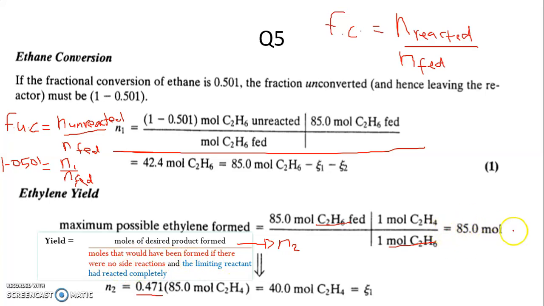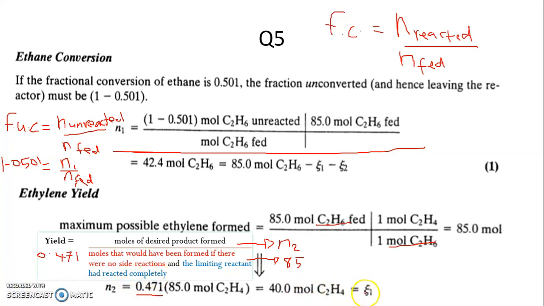We assume no side reaction happens, so we have this value 85, and then the yield is 0.471. That's why if we rearrange this formula, we get N2 equals 0.471 times this 85, we get 40. Or 40 is equivalent to epsilon 1.